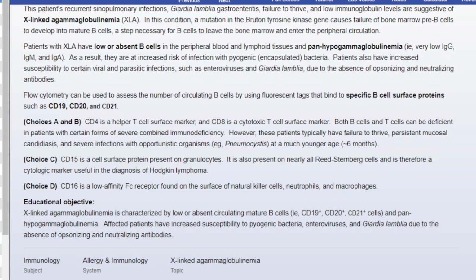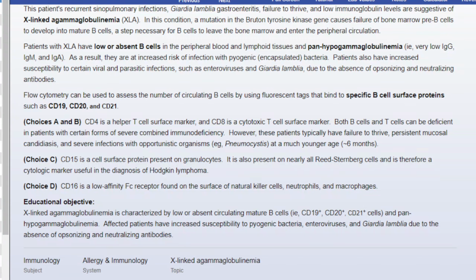These patients with X-linked agammaglobulinemia have low or absent B cells in the peripheral blood and lymphoid tissues, and pan-hypogammaglobulinemia. For example, they are very low in immunoglobulin G, M, and A. As a result, they are at increased risk of infections with pathogenic encapsulated bacteria.